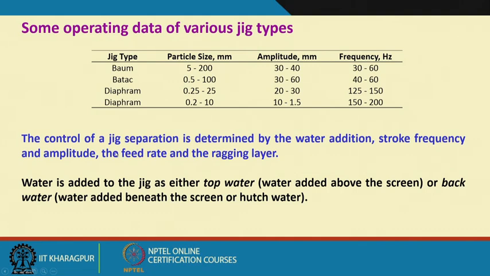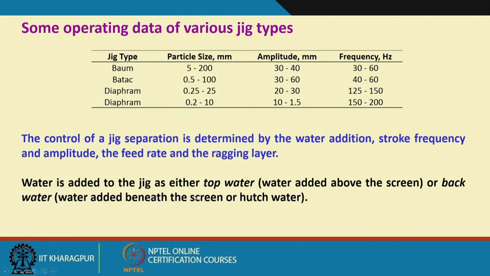So, you have to add some water, and that also helps in the separation, that is how fast you are trying to remove your float materials. That is what is known as water addition. Stroke frequency and amplitude we have already discussed, feed rate we have already discussed, and the ragging layer, that is how effective the ragging layer is.